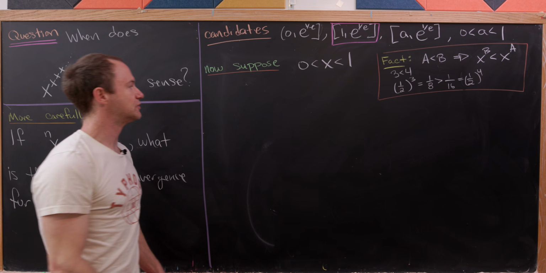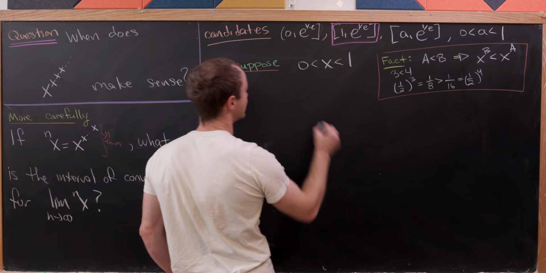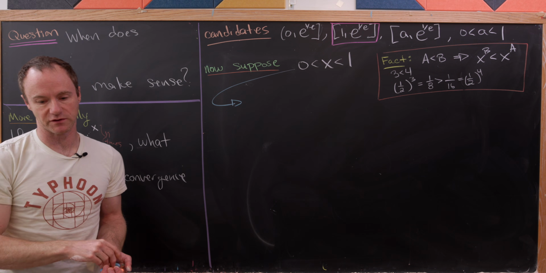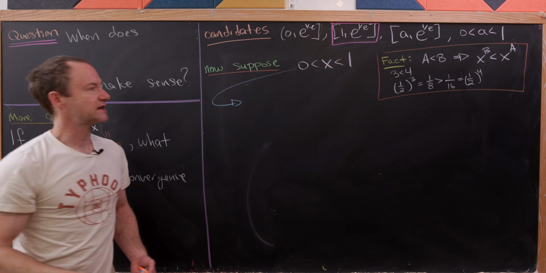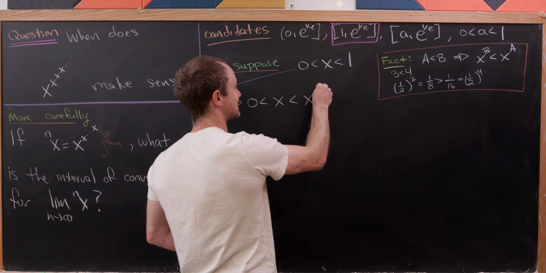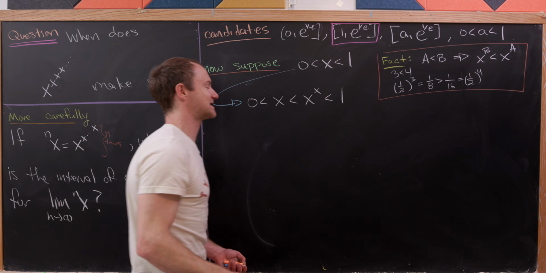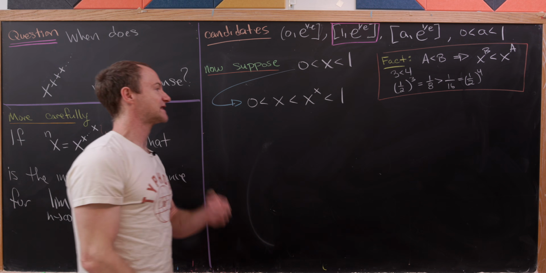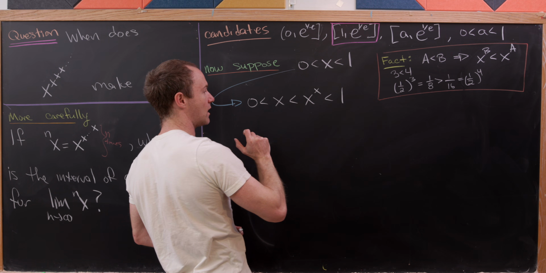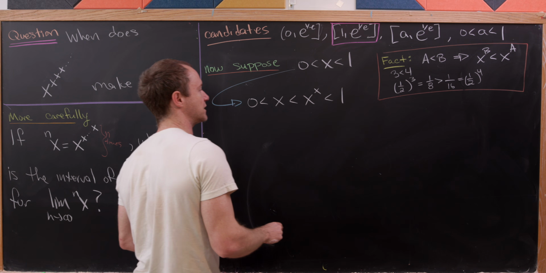But now I'd like to build off of this inequality. So let's observe that we now have 0 is less than x, which is less than x to the x, which is less than 1. And that's simply from applying the fact that x is less than 1 to our inequality.